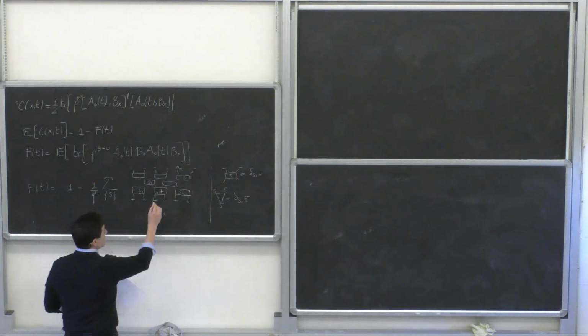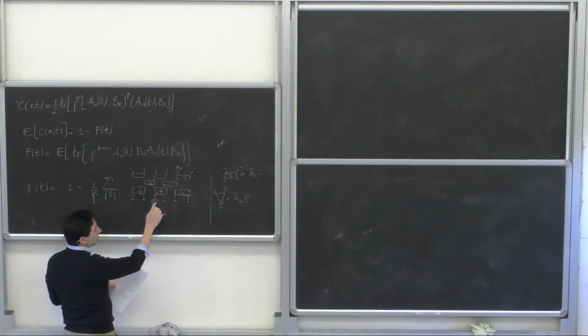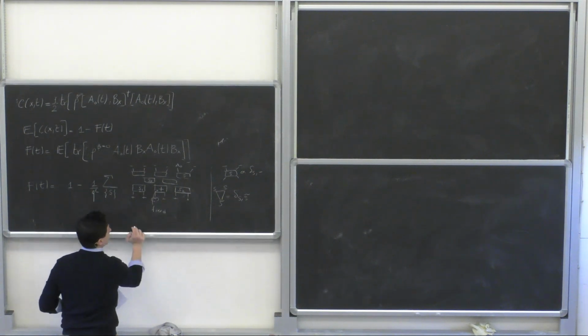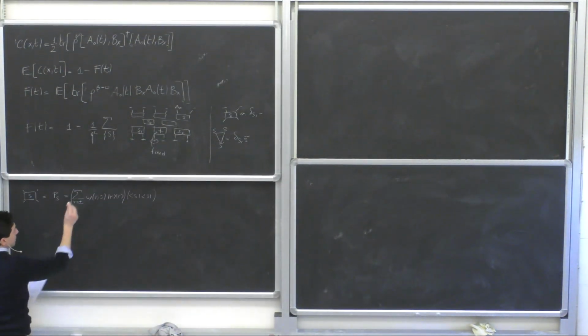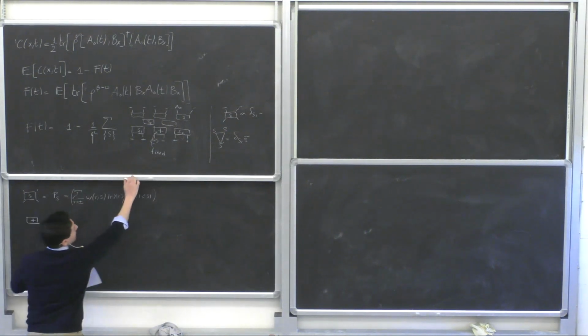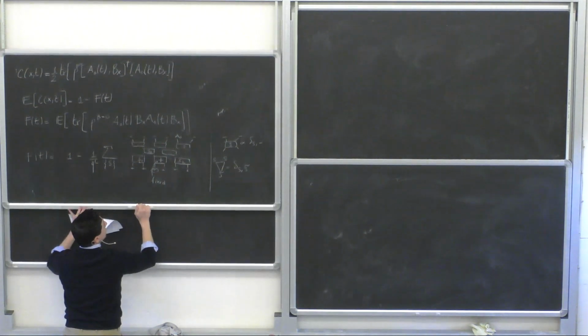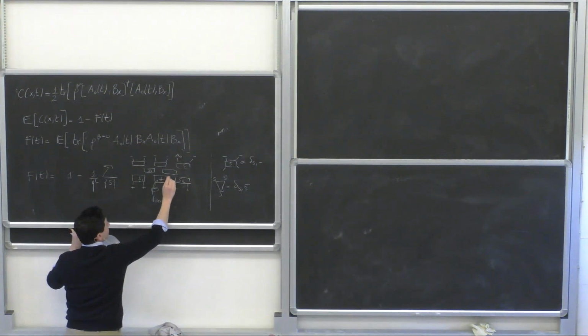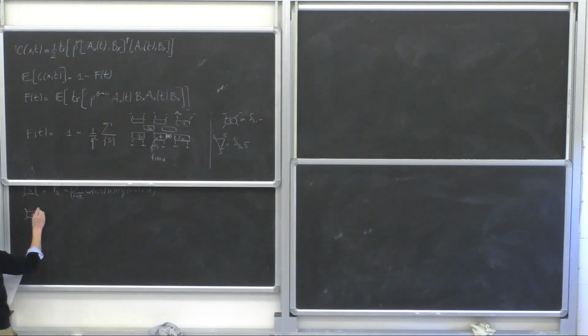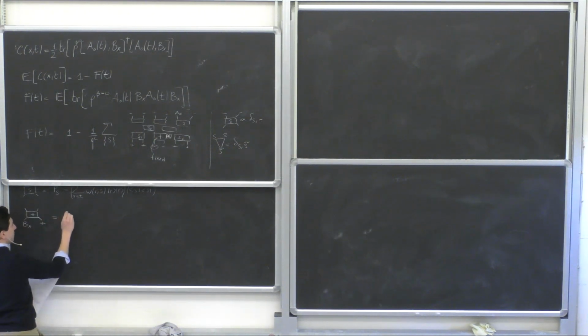Yes, so B was originally here, but we argued that we could replace B here with a plus. Let me recall what we did last time. We showed that this gate here, let me call it star, the gate at position star, could be replaced with a plus fixed, and here we had Bx, and here we had a plus. Then I argued that this is exactly the same as plus.